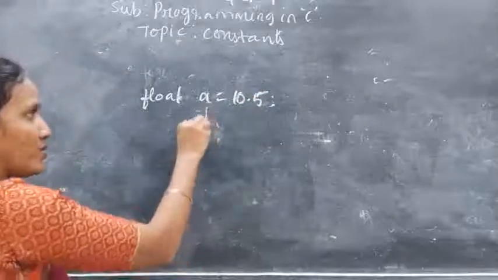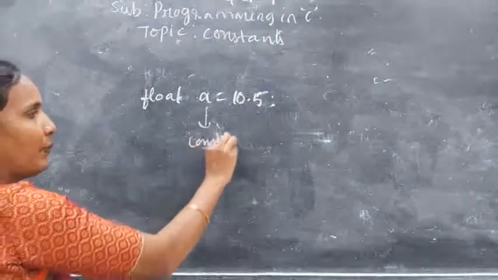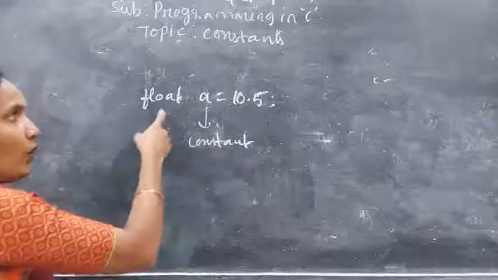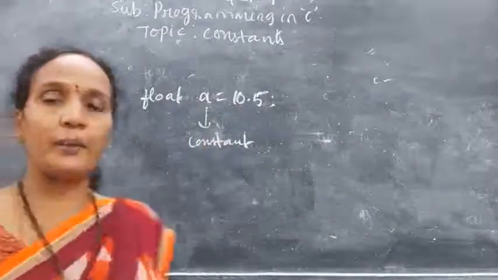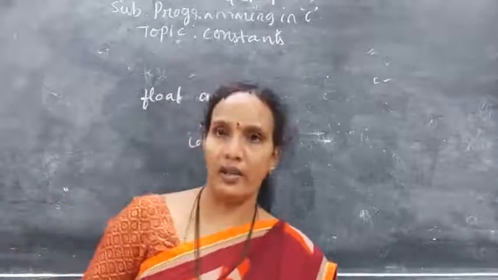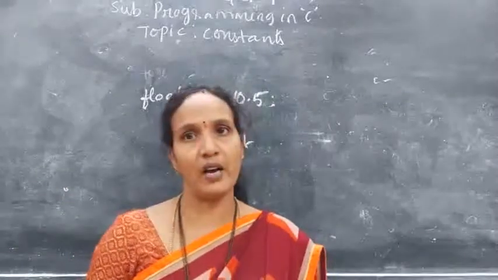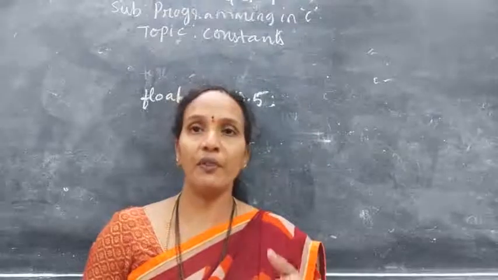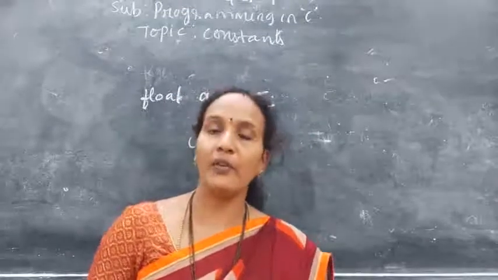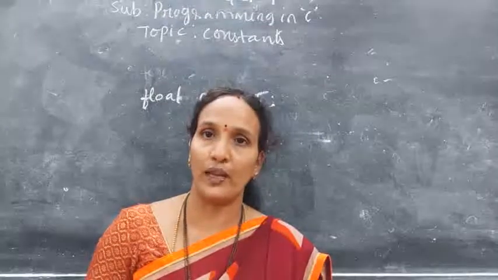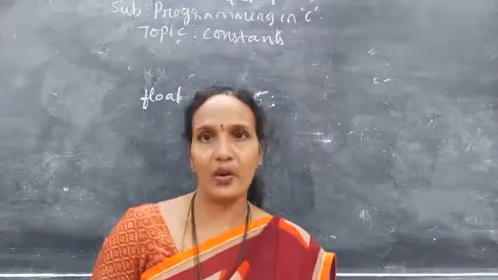So here it is a constant. What type of constant is it? Float constant, because it is holding a float value. Depending on the value the constant is holding, we have different types of constants. If a variable is holding an integer value, that is an integer constant. If a variable is holding a fixed float value, that is called a float constant.